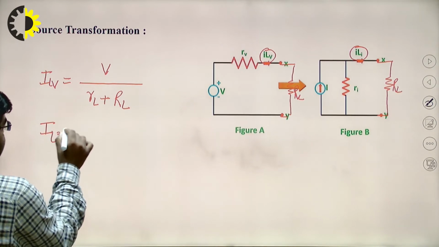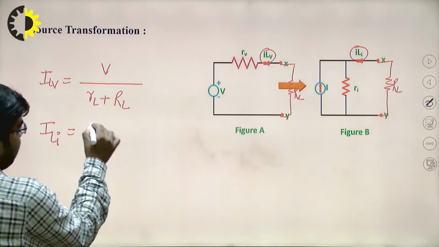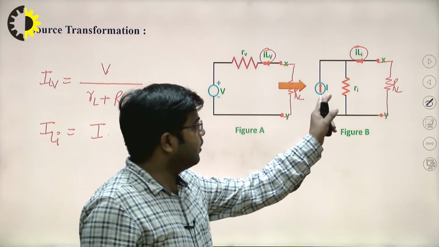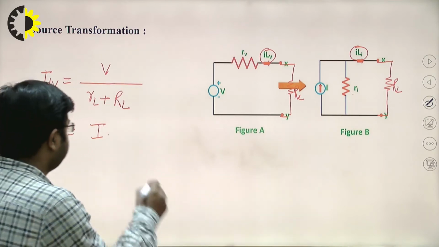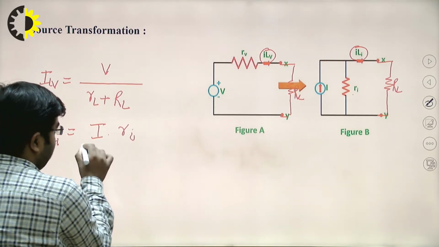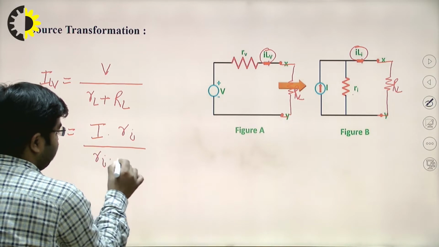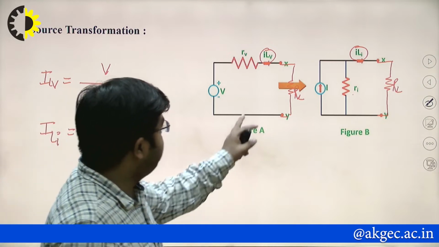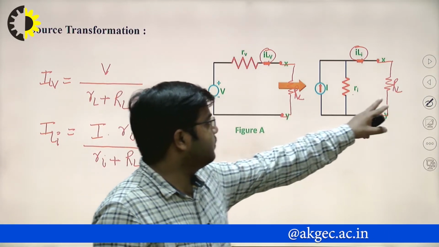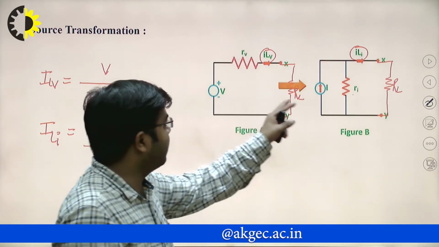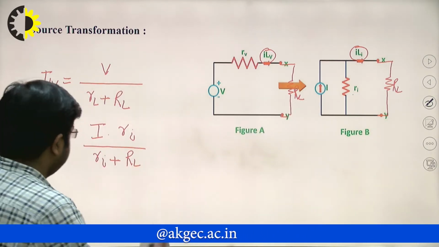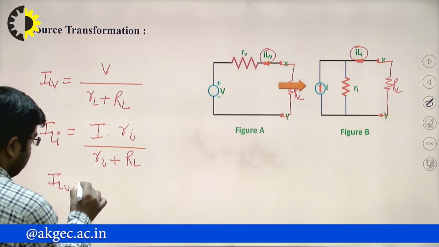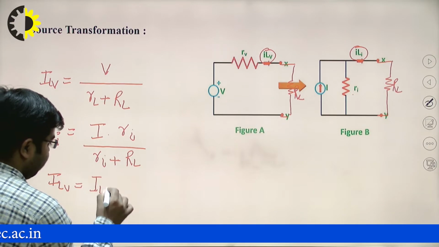So you can find out ILI, which is equal to current I, this is the total input current, then multiply this total current with this value Ri, then divide this whole value with Ri plus RL. In both the networks, the load resistance is equal. So this load current value will be same. So you can write ILV is equal to ILI.